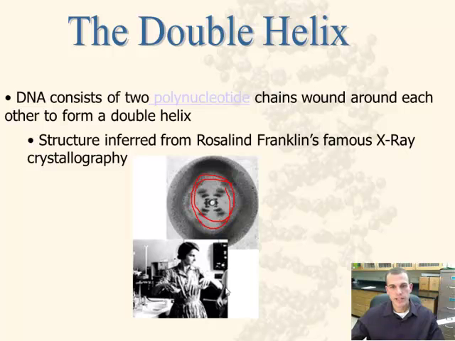She had actually died prior to the discovery of the double helix. Two scientists named Watson and Crick, in the 1950s, almost stole her picture from her. They used her information and her pictures to come up with and claim the idea of the double helix.